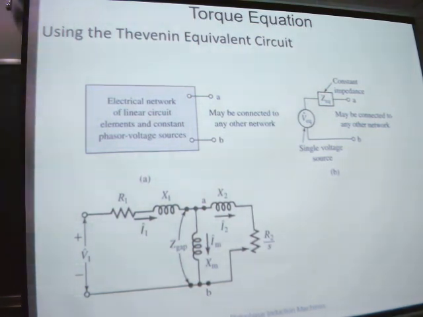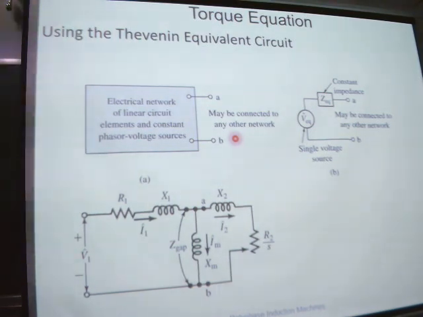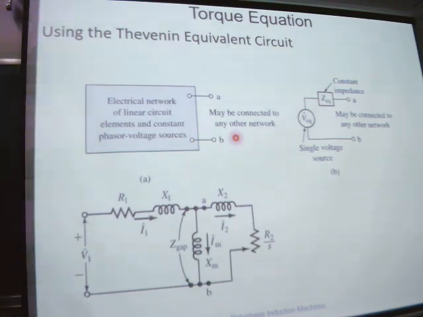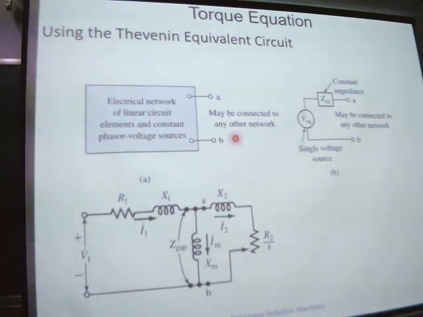Thevenin can simplify the calculation of a complicated circuit, such as viewed from the two terminals A and B.